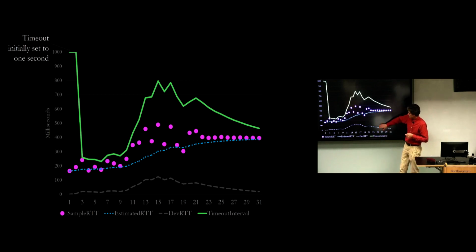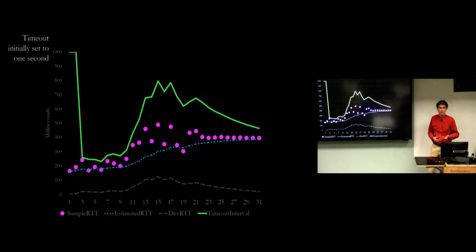So these are the moving averages. You see that initially the timeout is set to 1 second. Then once you have some data, you can start setting it to this moving average of the round trip times plus 4 times the moving average of the deviation. So if you take this line and stick it on top of it, you get the green one. And you can see how it evolves to react to the network conditions changing.